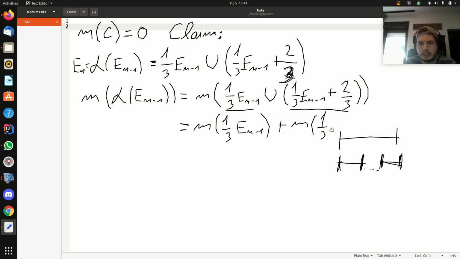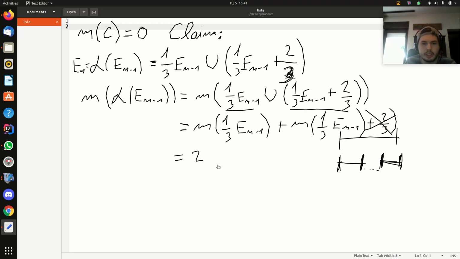Okay. What does translation do to the measure of a set? It does absolutely nothing. It just moves it about. So we can basically just cross this out and just look at this.